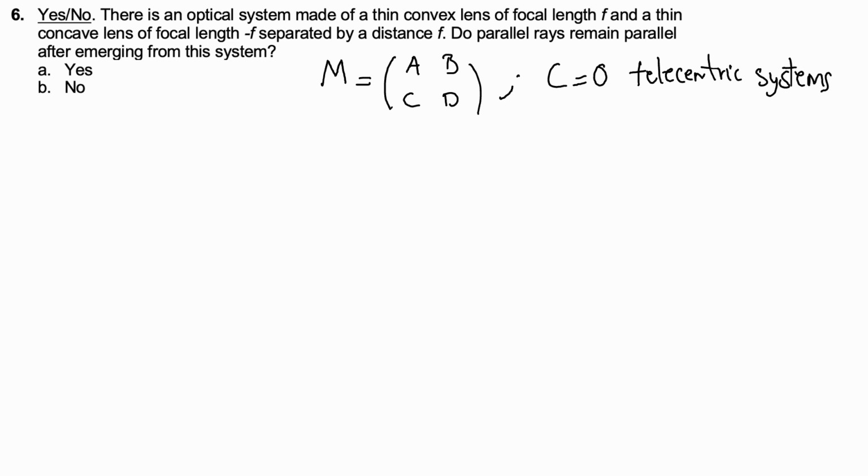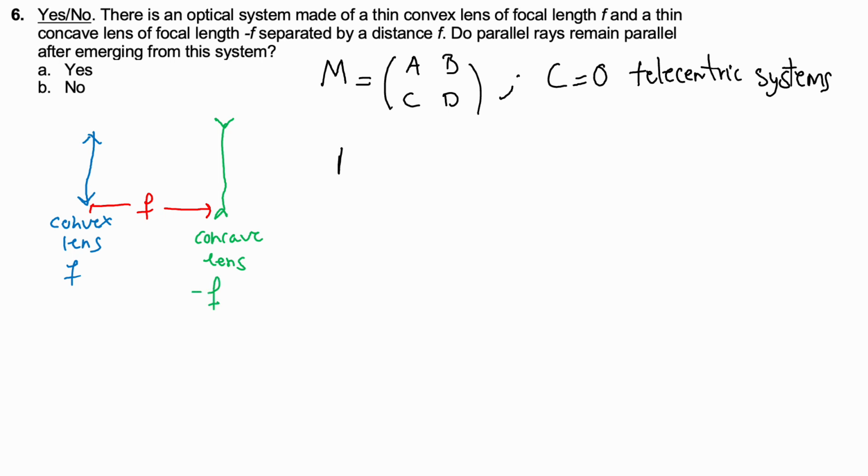So this is the system that they say that we have. We have here a convex lens, right? This is a convex lens of focal length f. We have a free propagation of f. And then after the free propagation, we have a concave lens, which is a divergent lens. You see that I changed the head of the arrows to differentiate between converging and diverging.